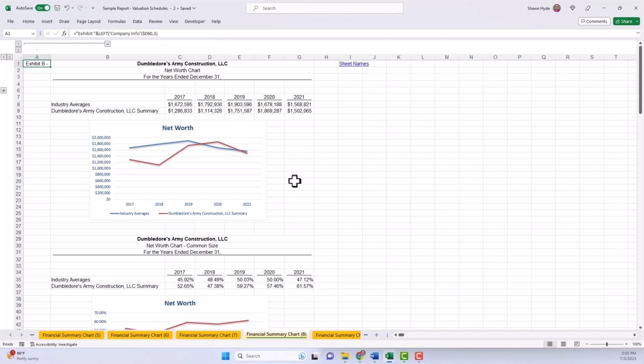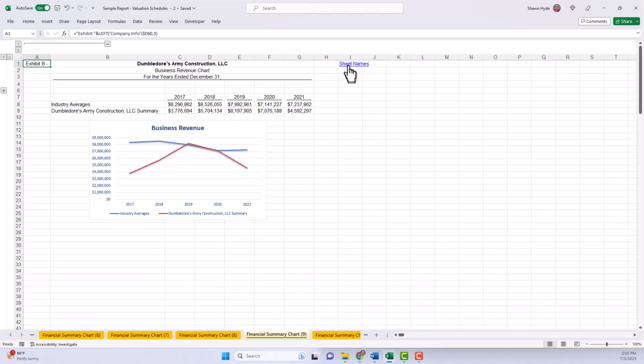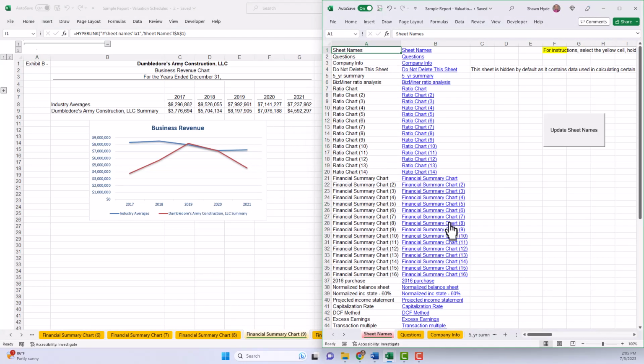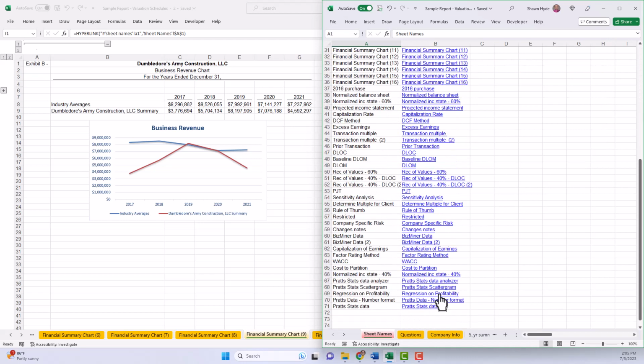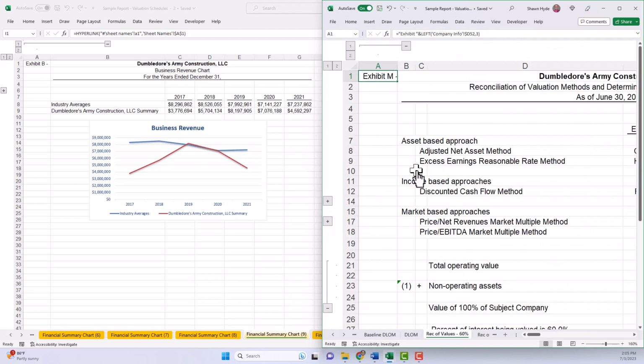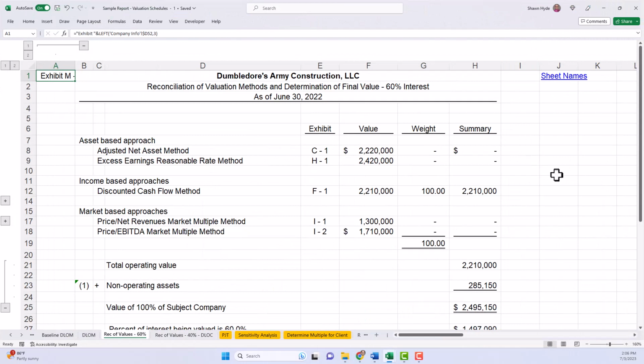And just for fun, let's go here to reconciliation. It's going to be right here. Let's do the 60% one. So this is the way the methods worked out. So not a whole lot of goodwill in this particular one.